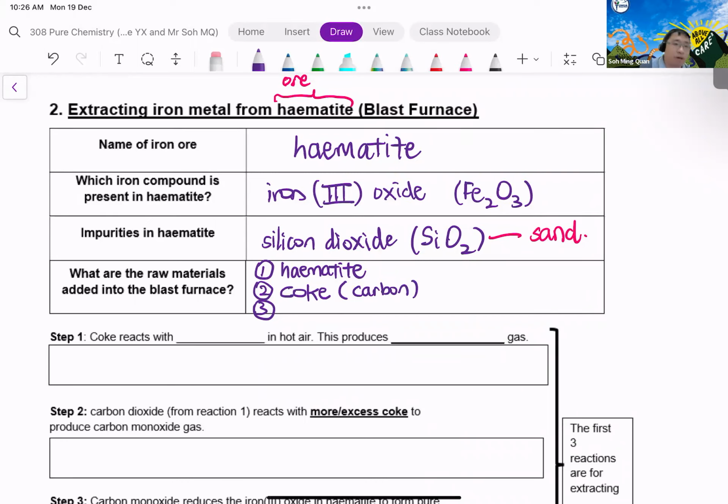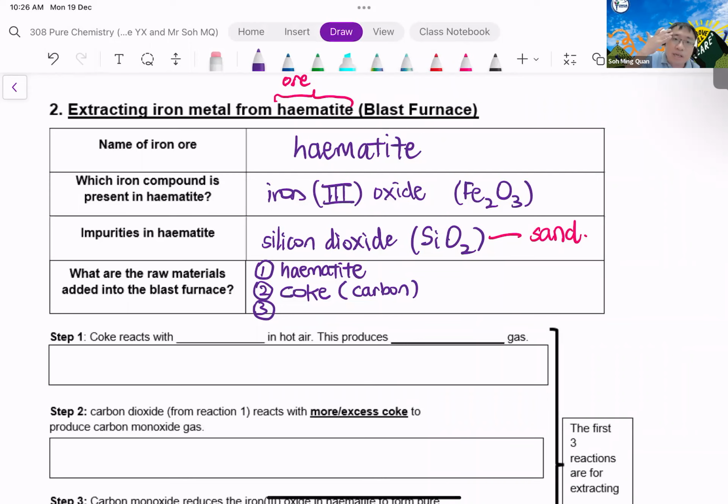Okay, carbon. So why don't we just call it carbon? Because you already know by now, carbon comes in many different forms. Carbon can be in graphite, carbon can be in diamond, carbon can be in charcoal, carbon can also be in coke. So what is the difference?